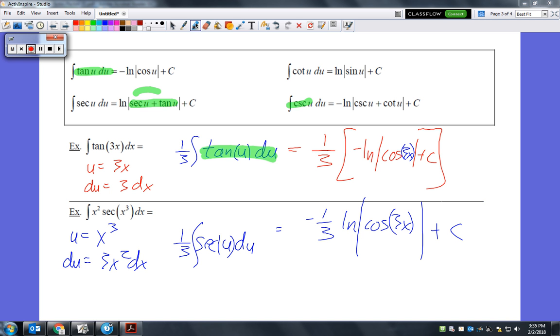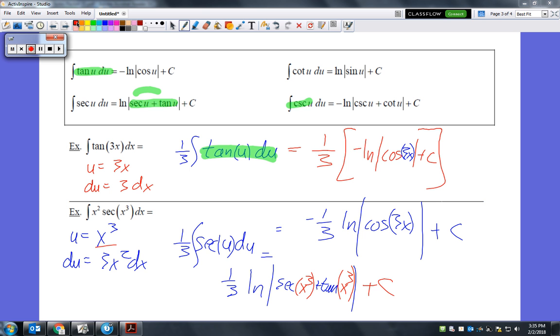Negative cosecant cotangent. You can see it from the derivatives that you have memorized. So this is equal to 1/3 natural log of the absolute value of secant u, and then plus tangent u.